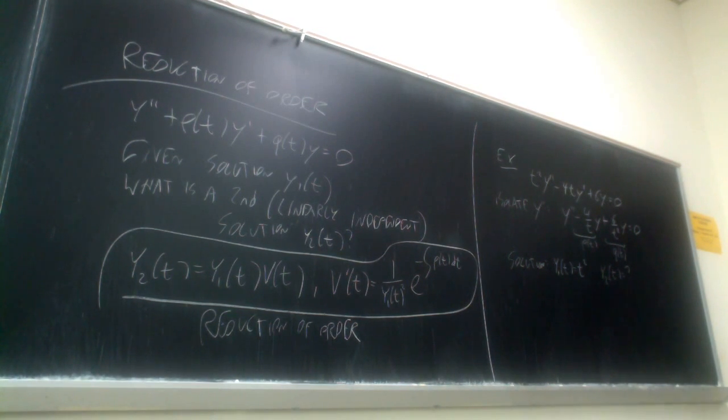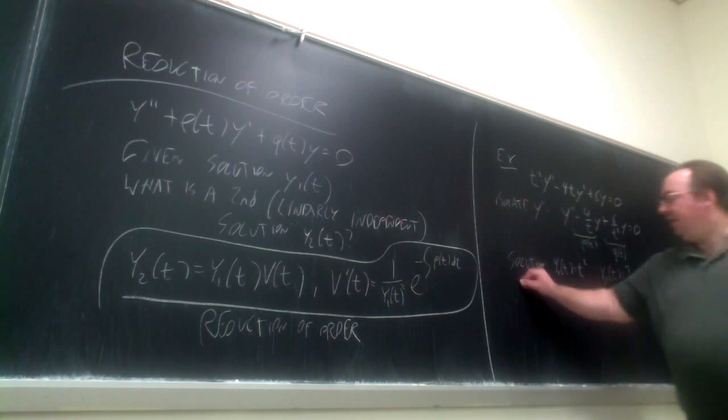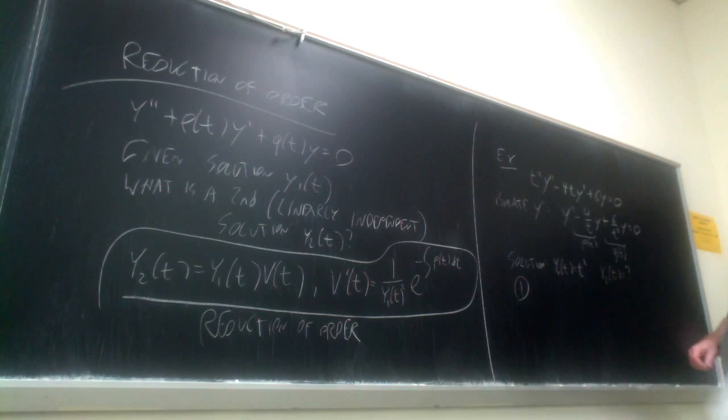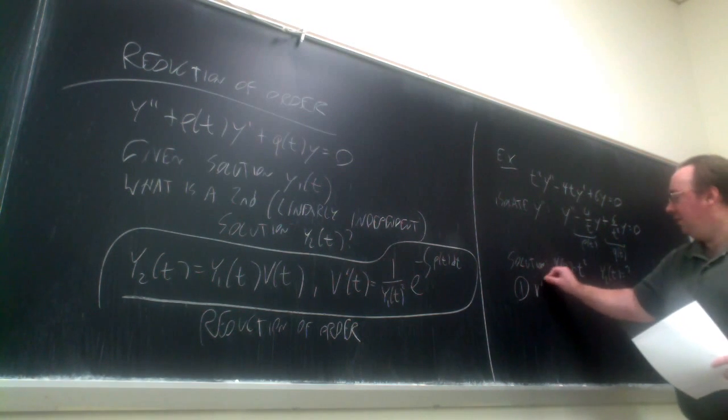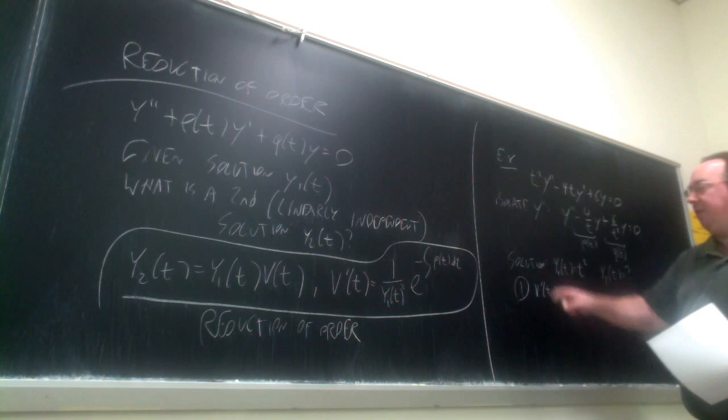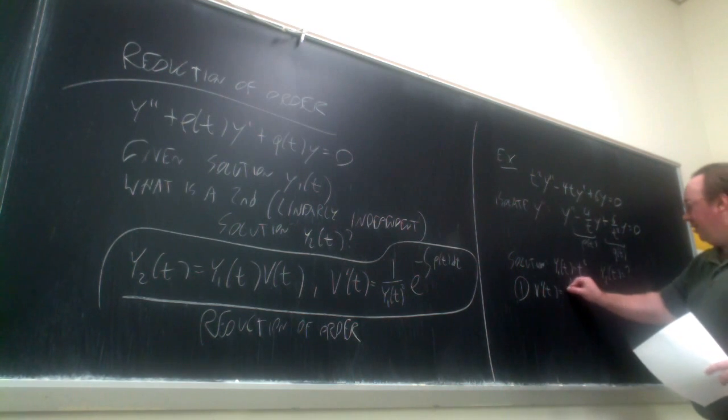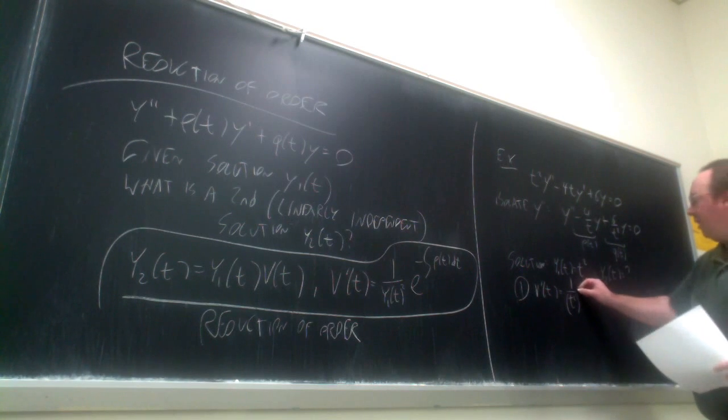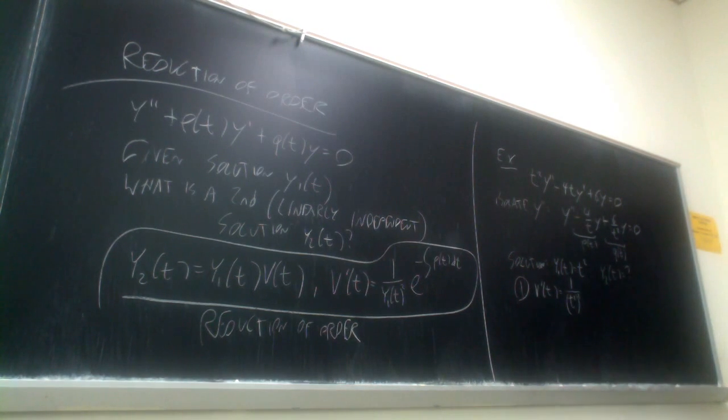So now we can go ahead and use this formula over here. First we get v prime. That's going to be 1 over y1 squared, so it's 1 over t squared.